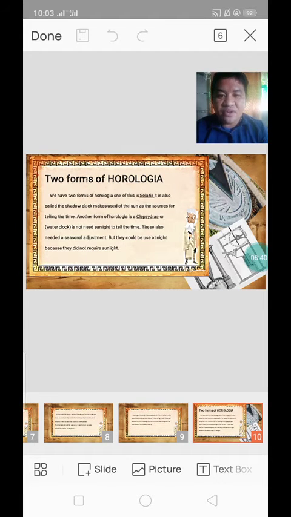The two forms of horologia are the solaria, or the sundial, or the shadow clock, which makes use of the sun as a source for telling the time. I repeat, the solaria is also called the shadow clock.